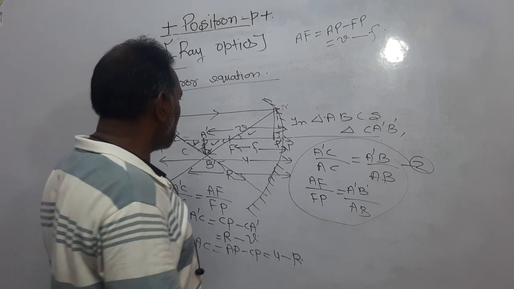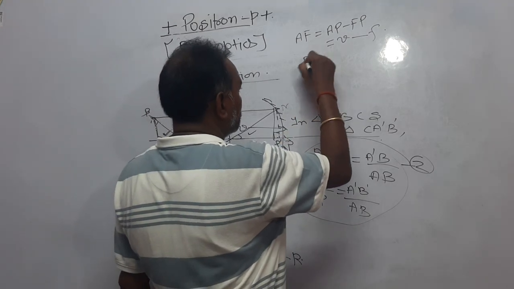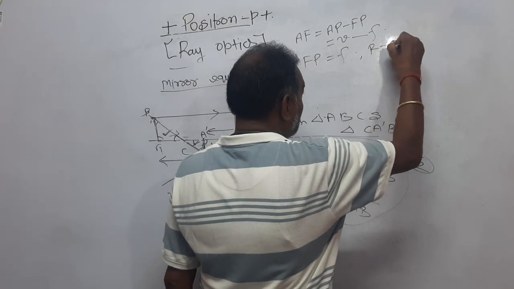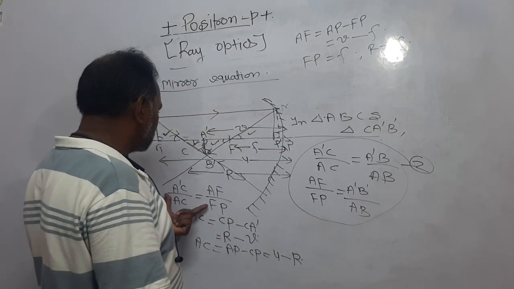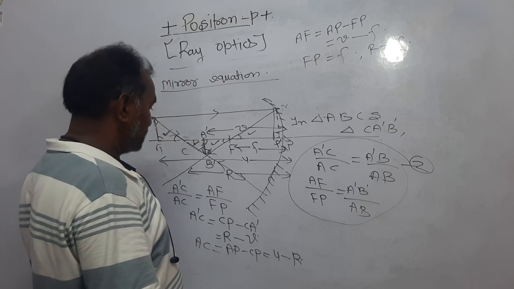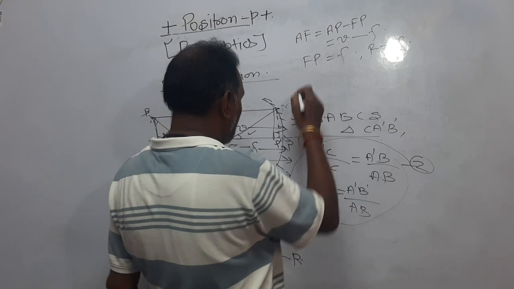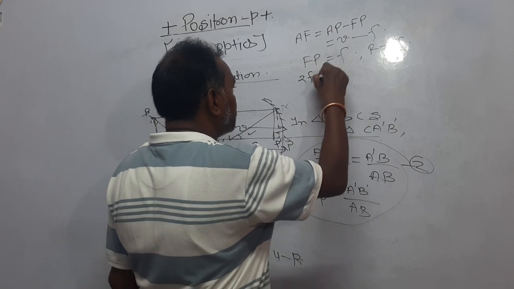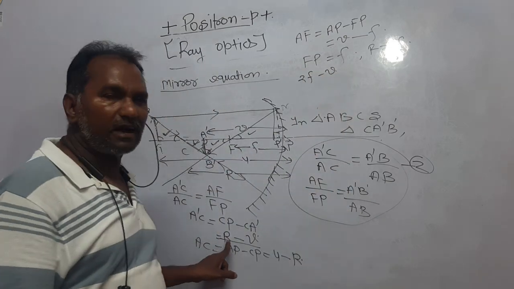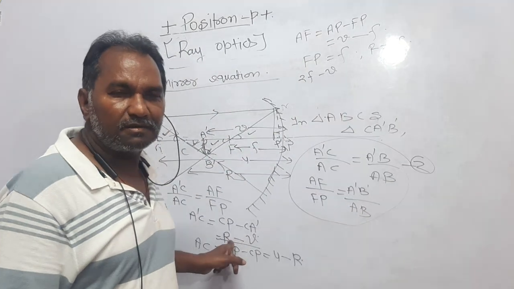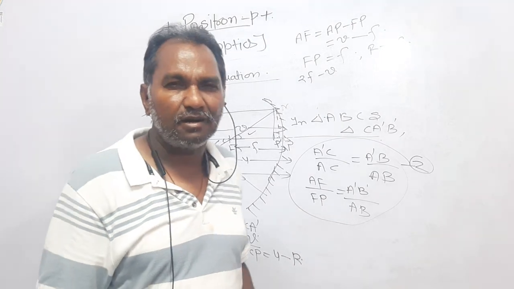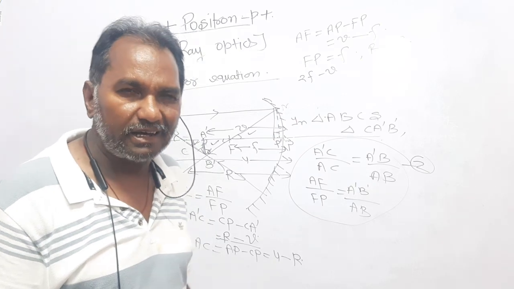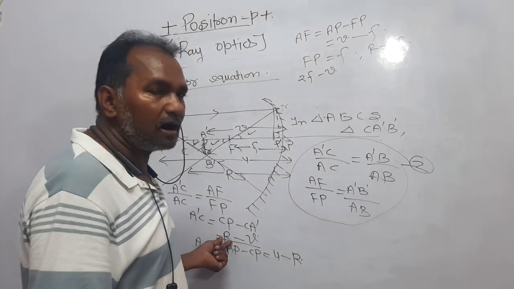And the last one, that is FP. FP is undoubtedly the focal length F. And also R is equal to 2F. So replace these values in this equation. A dash C is R. Here I am replacing R by 2F. So we have got 2F minus V. It was actually R minus V. In the mirror formula, there is no capital R, it does not contain capital R. That's why I am replacing R by 2F.